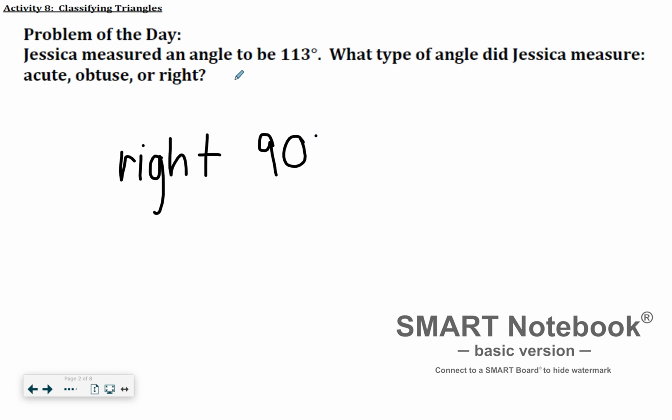And I know an angle that is larger than 90 degrees is an obtuse angle. And if I'm looking at a 113-degree angle, I know it must be obtuse because obtuse angles are bigger than 90 degrees and 113 is bigger than 90. Let's continue.